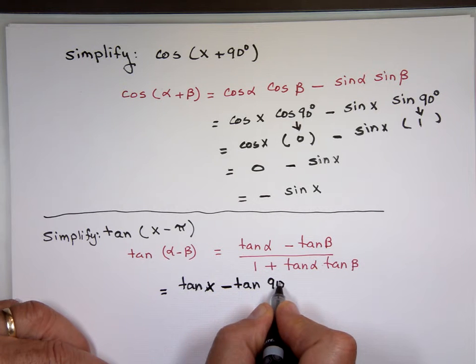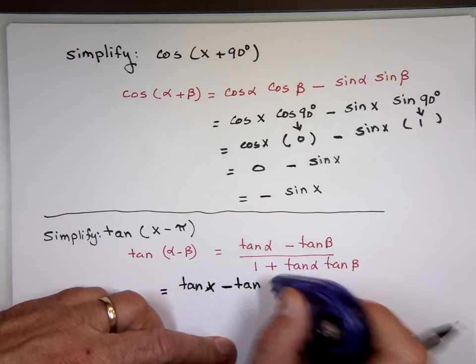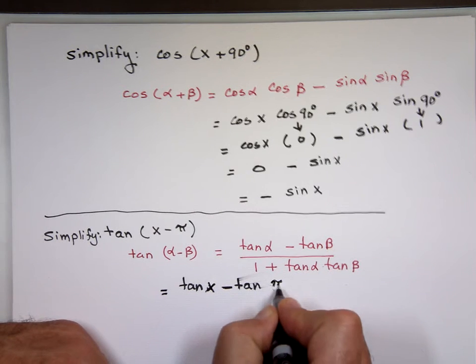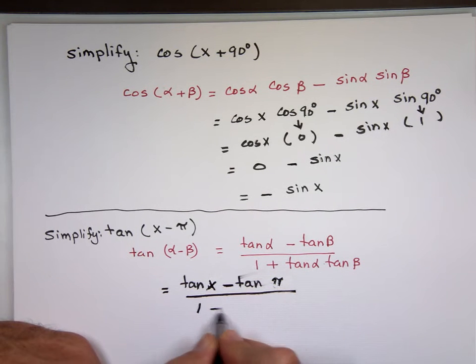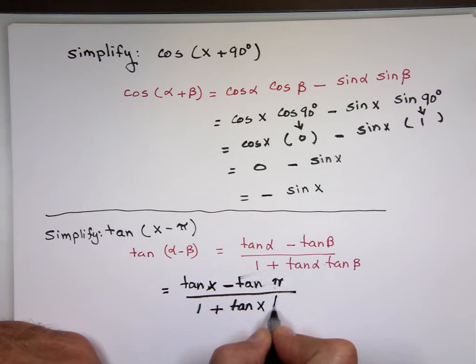Oh, I'm using pi, I'm sorry. Not 90 degrees, pi. I don't know where 90 came from. Oh, I used it in the previous one. Pi over 1 plus tangent x tangent pi.